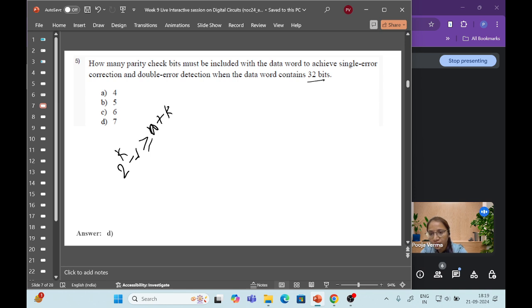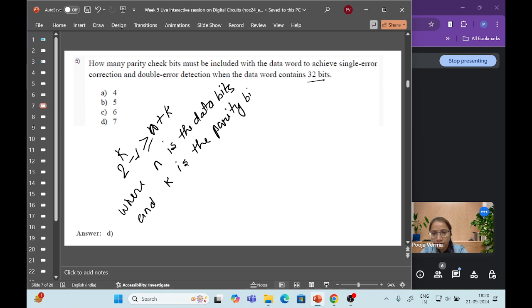Here n is the data bits and k is the parity bits. The data bits are given, so n is equal to 32.